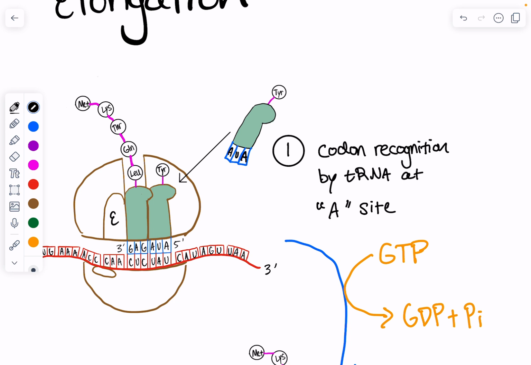Okay, so you can see that this tRNA has a specific anticodon, and it comes over to the A site, and that anticodon is going to be complementary, right, to this codon right here, UAU. Okay, and that's why this tRNA was attracted to that site.